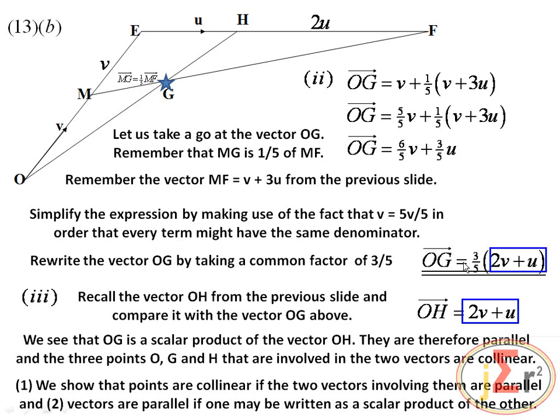So if one vector is a scalar product of the other, as we can see right here, then we are sure that the vectors are parallel. And if the vectors are parallel, and if there are only 3 points involving the two vectors, then we are sure that the points are collinear.